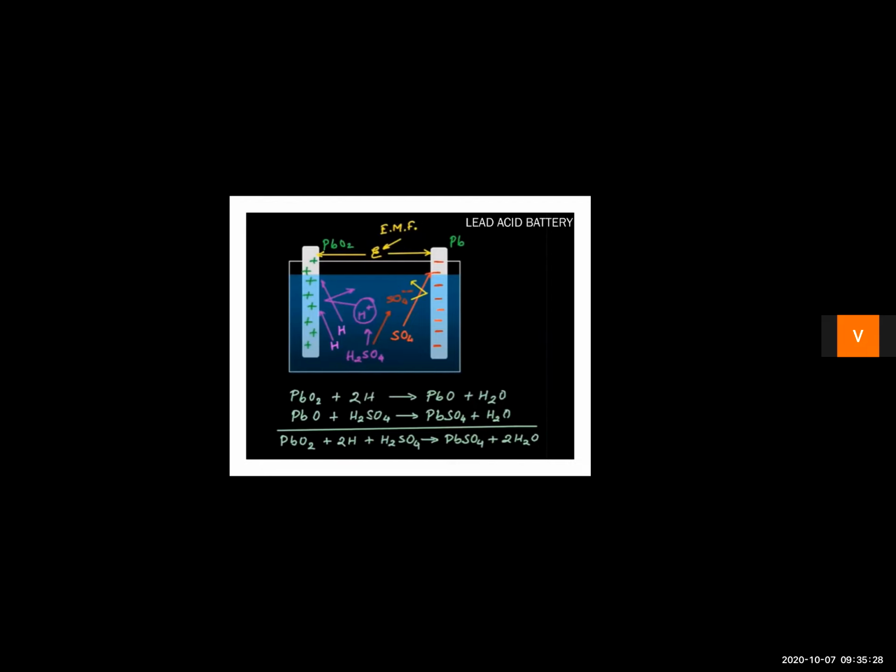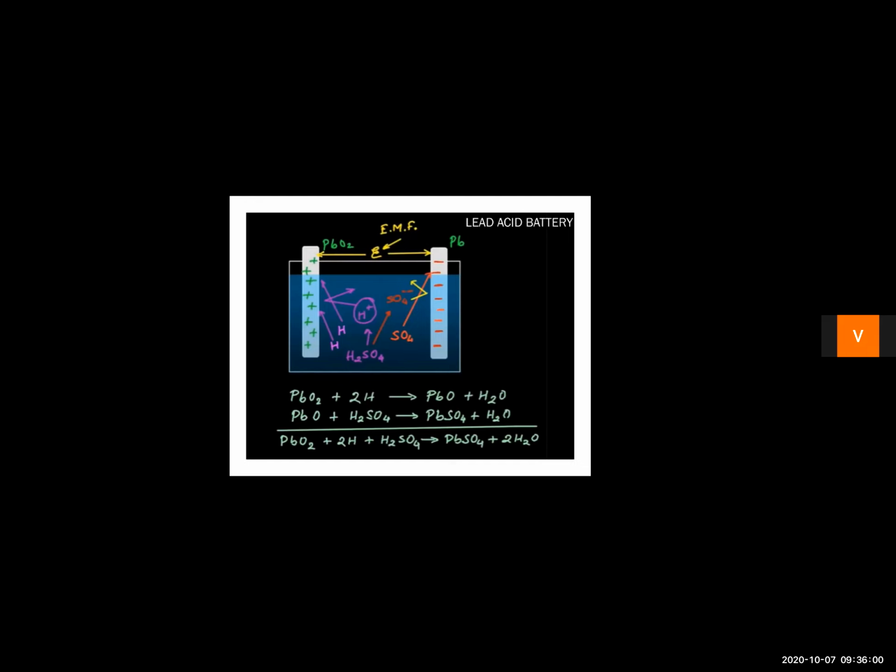So from where does it get energy? It is the same energy that is released during the chemical reactions taking place inside the battery. Now let us see how the charge gets accumulated on the two plates. Because of the accumulation of the charge on the two plates, the potential difference is set up across the plates, and this potential difference is your EMF, right?